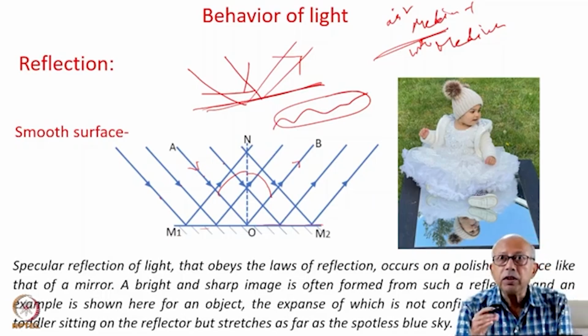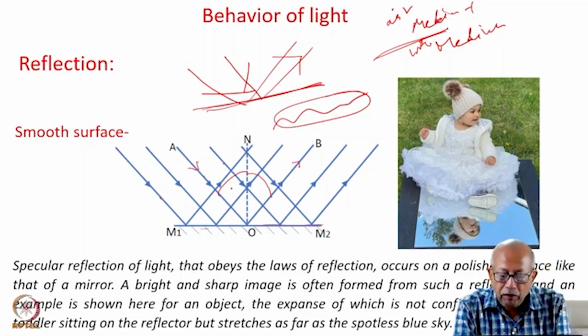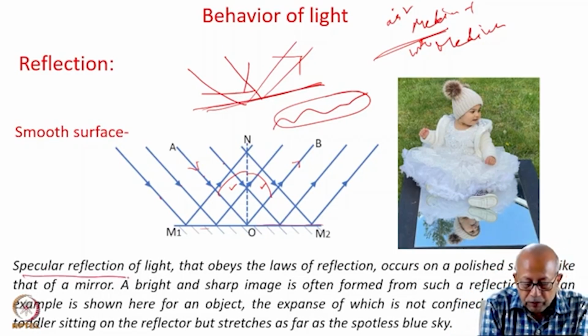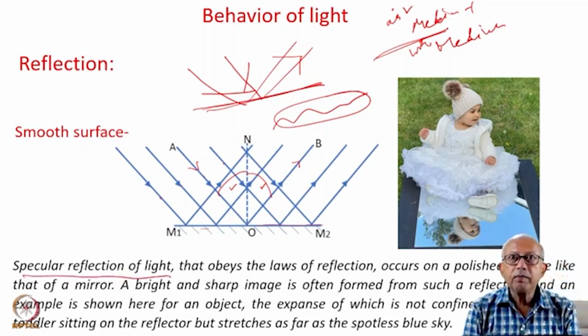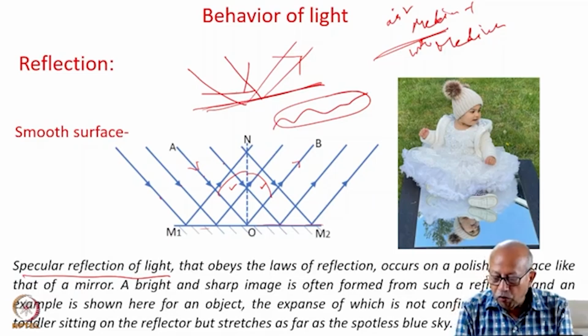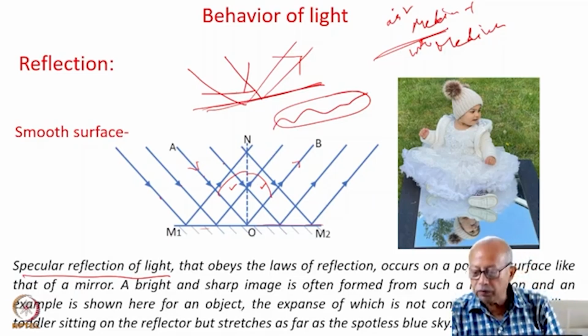Such a reflection, where angle of incidence and angle of reflection are the same, is called specular reflection. A bright and sharp image is often formed from such a reflection.